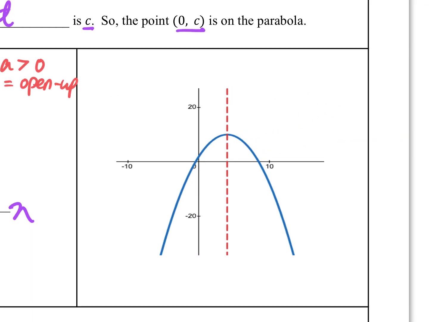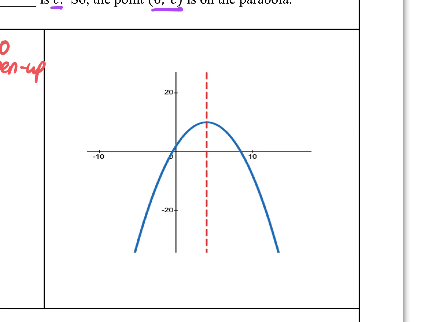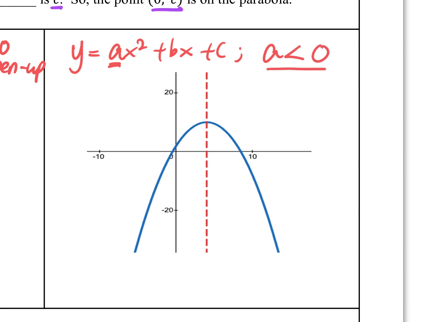Now, let's look at this graph. This graph is really going down. It's opening down, but it's still going to have the same ax squared plus bx plus c. But in here, the value of a is actually less than 0. So this is going to open down.